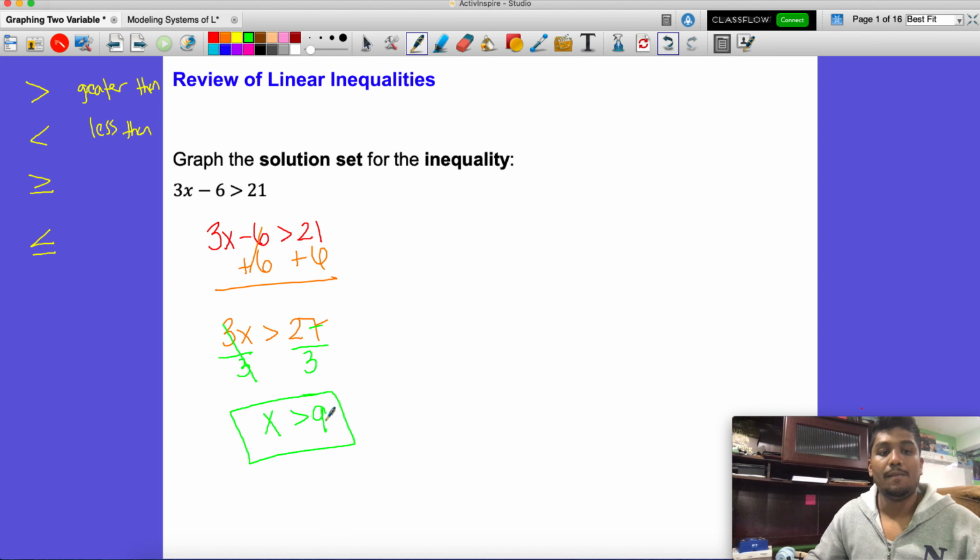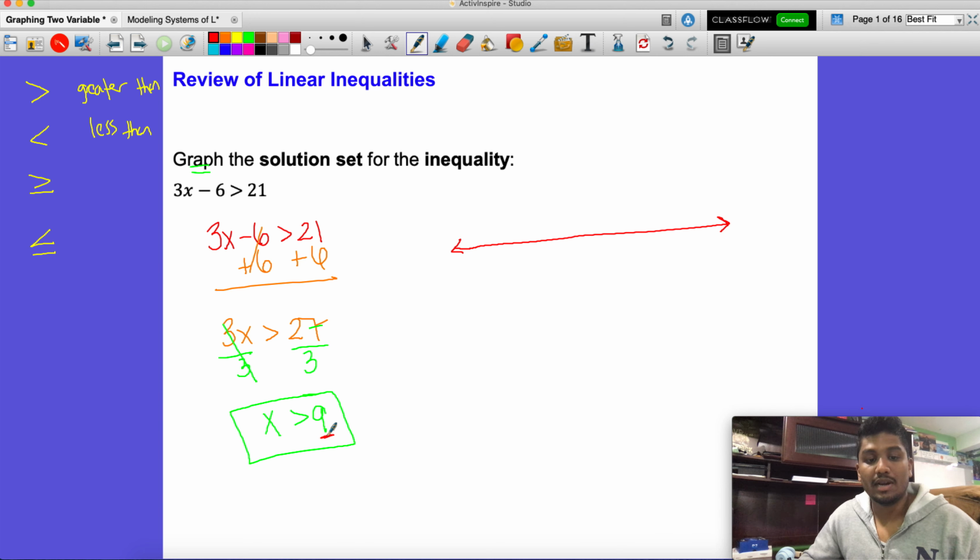Now, this says to graph it, and we don't have an actual coordinate graph like this, so that's not the type of graph we're going to use here. Instead, we're going to use something that looks like a number line. The way I graph it is that whatever number we have here, I place right in the middle, so I start at 9.